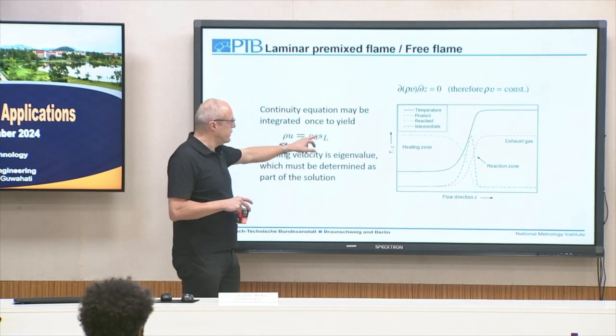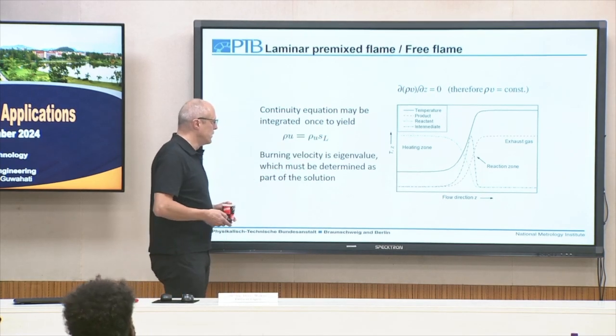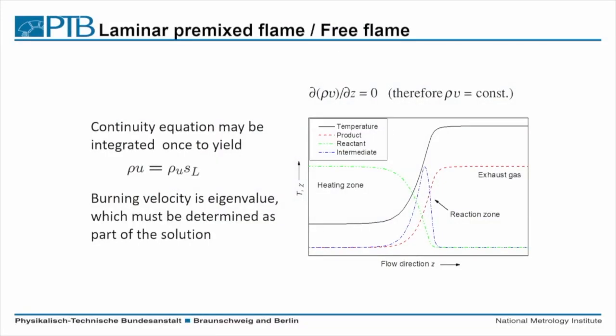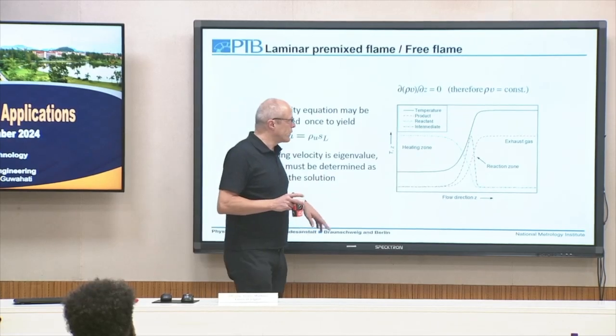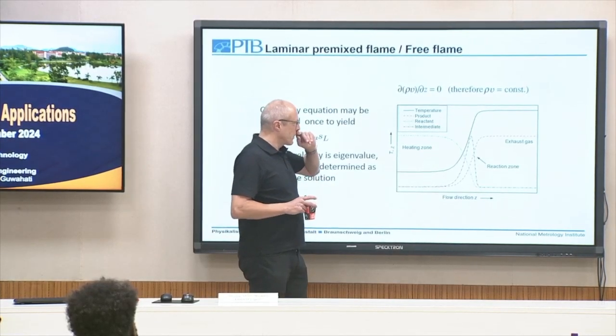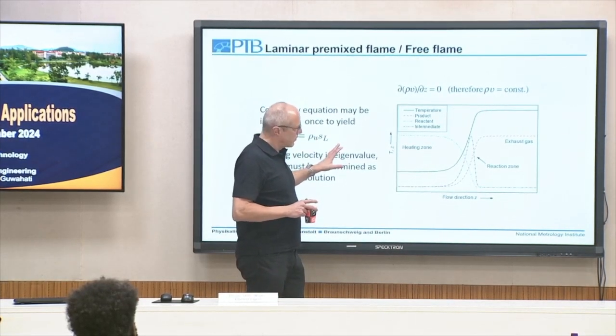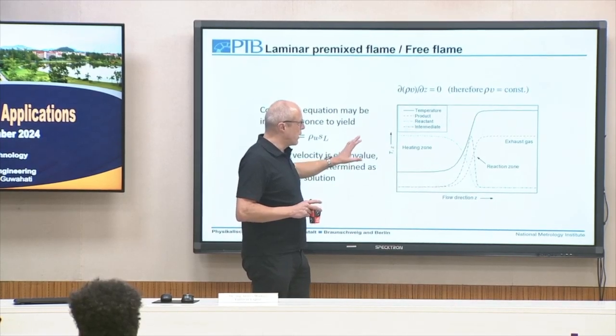So the burning velocity here, this S_L, is an eigenvalue, and we can use different solvers finally to calculate the laminar flame. We can use stationary solvers, we can use instationary solvers. It depends more or less on the system we want to examine.